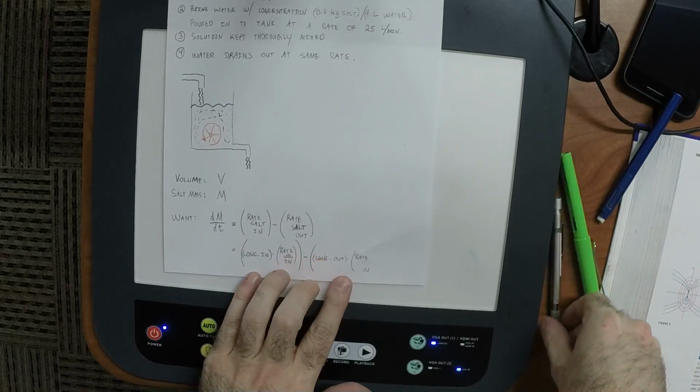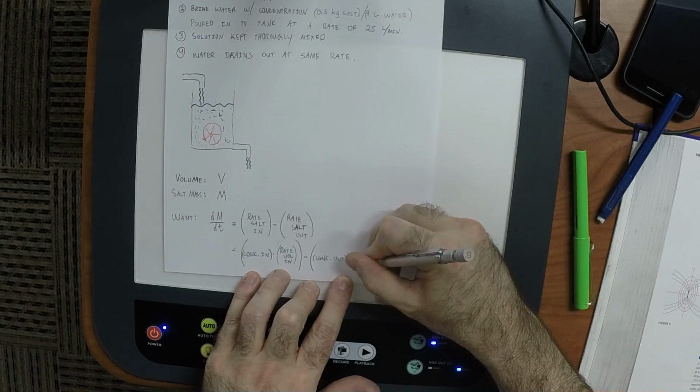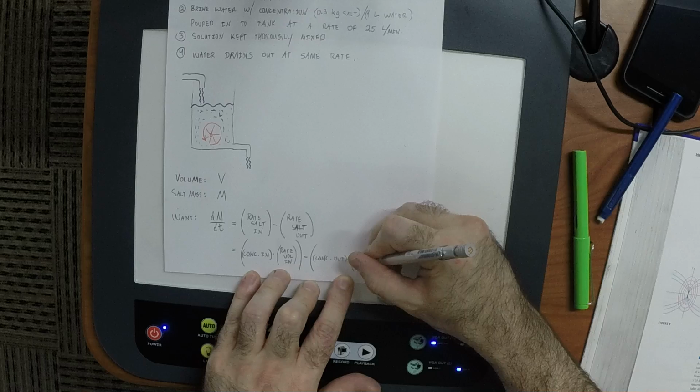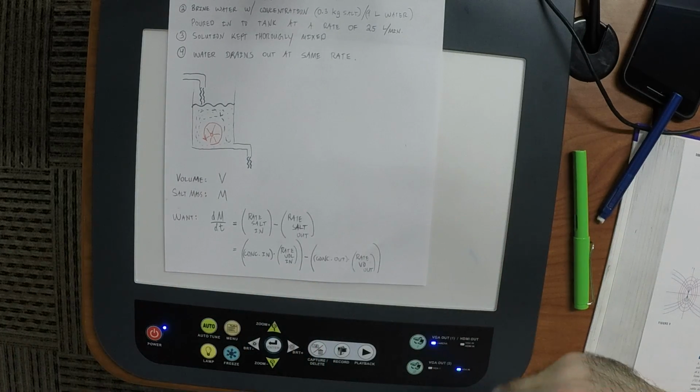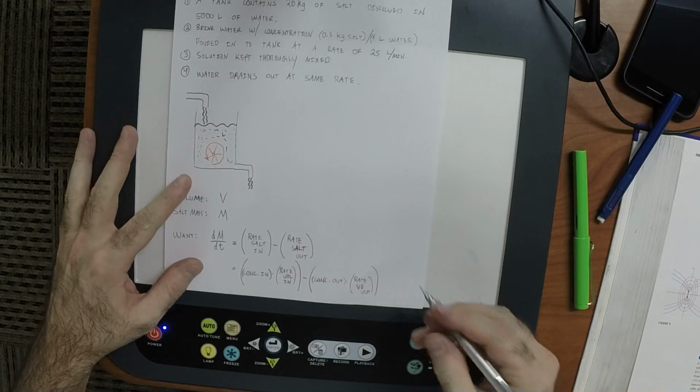Volume of solution. How fast is the solution coming in, and what's its concentration?